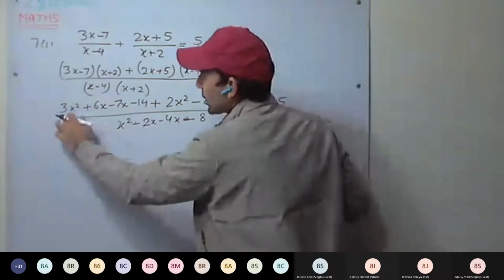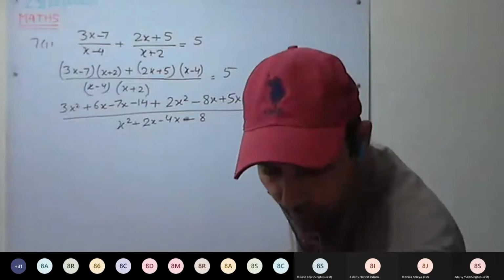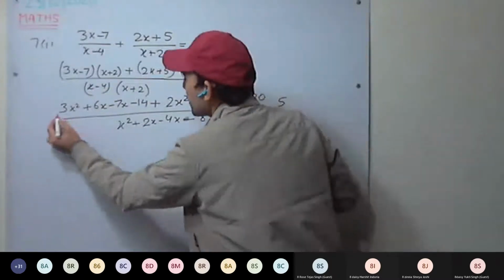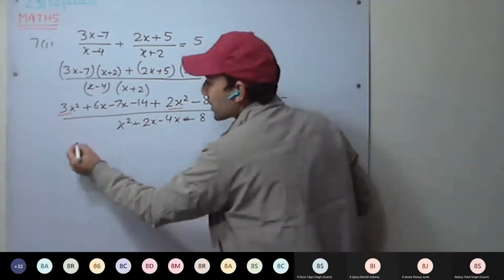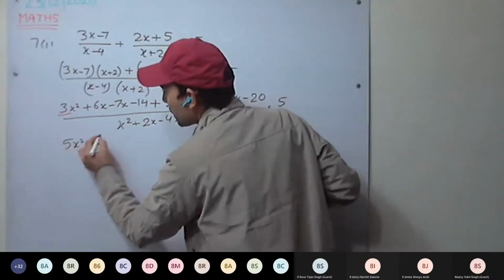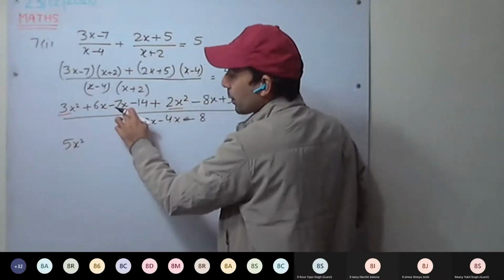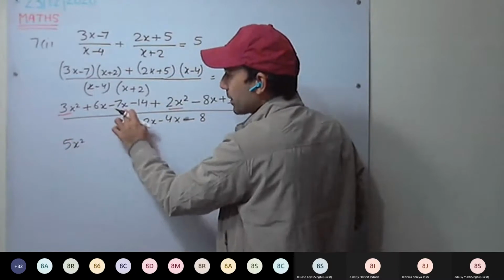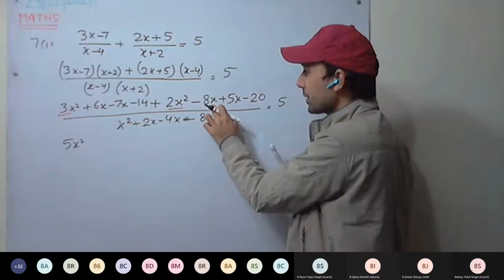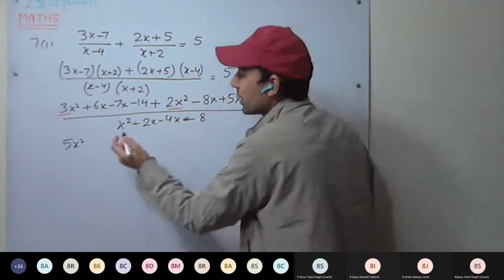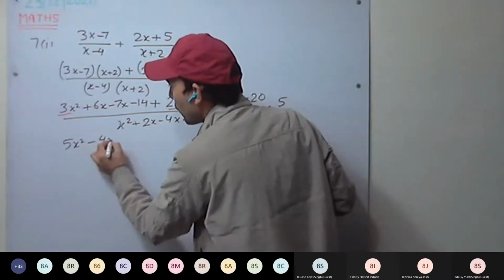Now solve. 3x square, 2x square, how much would we be getting? 5x square. Add them. 6x minus 7x, minus x. Minus 9x plus 5x, so minus 4x.